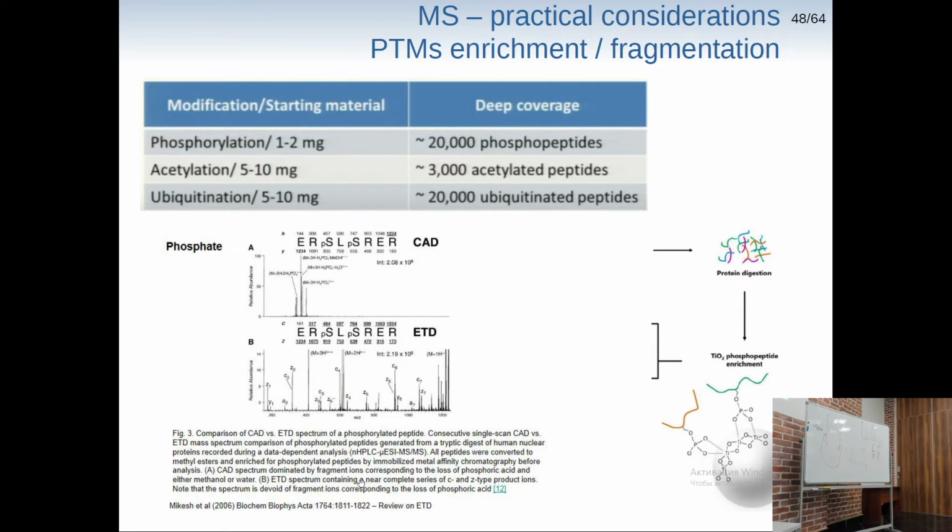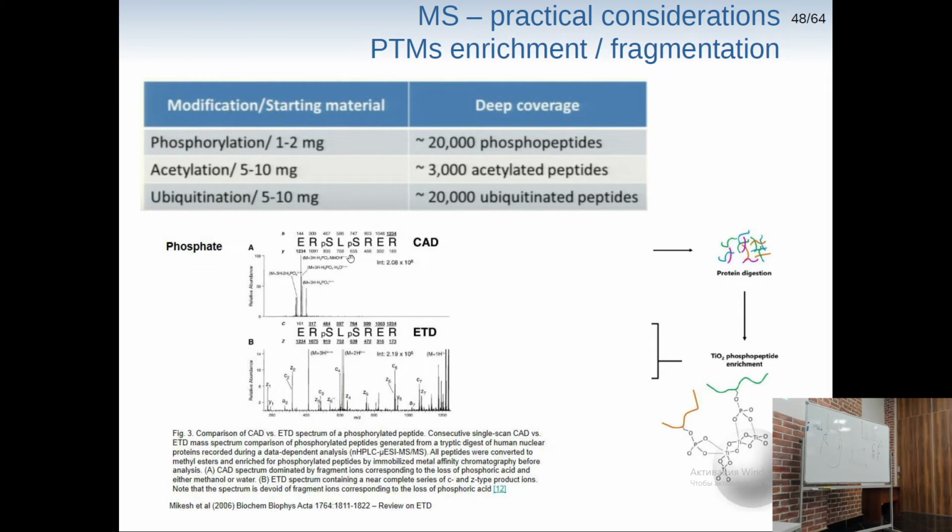But what is really nice is that this dissociation would be different if we just collide it with something, if we add an electron, or if we use light for this excitation. So those different modes of collision-induced or other induced dissociation can give us some more information. For instance, collision-induced dissociation of a peptide which has two sites of phosphorylation here.